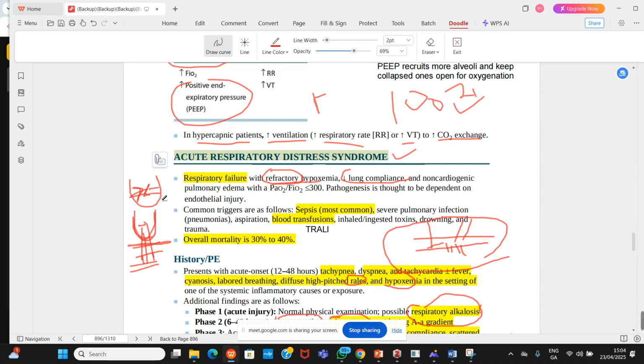So there's a high tendency for the lungs to collapse internally like this, which is the direction of surface tension. So what do we think is going to happen to the compliance in that situation? Is it going to be increased or decreased? Decreased. So that is why people with ARDS have a decreased lung compliance.